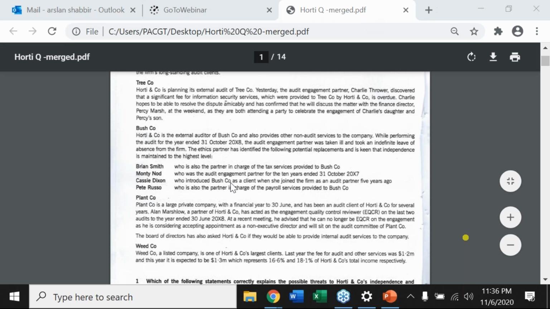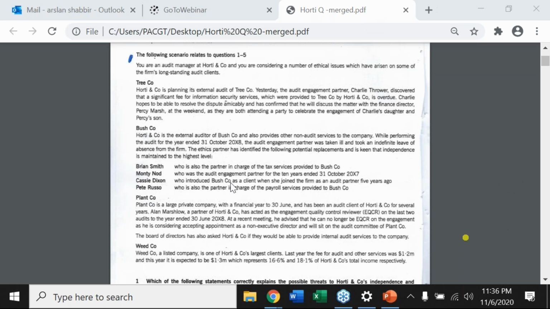Next, Catherine Dixon, who introduced Bush Company as a client when she joined the firm as an audit partner 5 years ago.